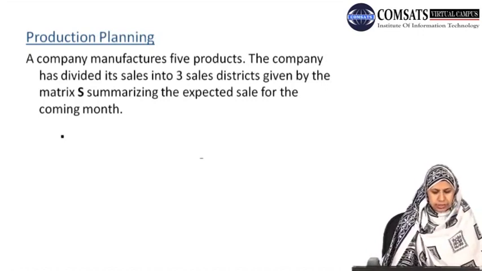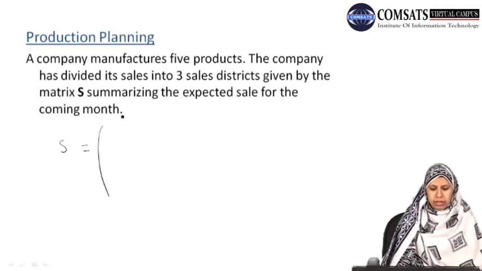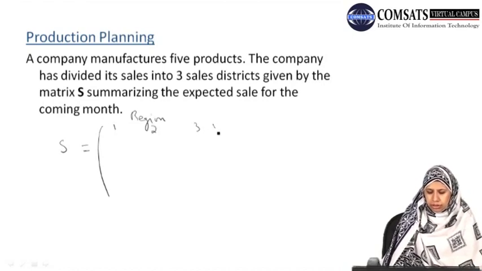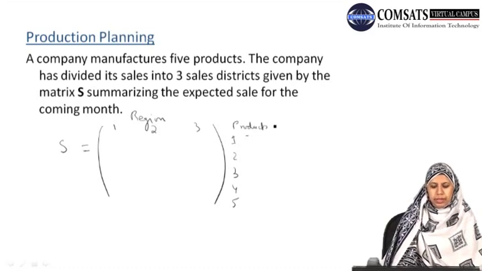That is, let's say, if S is our matrix, then we have 5 products and 3 districts or 3 regions. Okay, we have 3 regions, 1, 2, 3, and we have 5 products. That is product 1, product 2, 3, 4 and 5. These are our products. Okay.